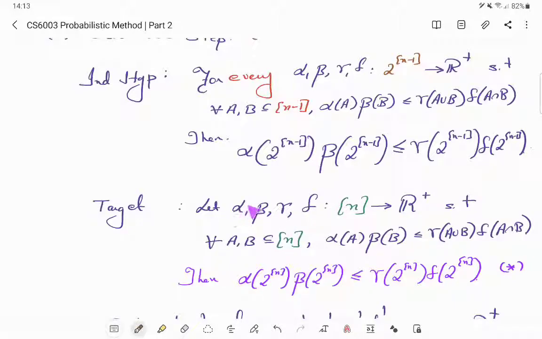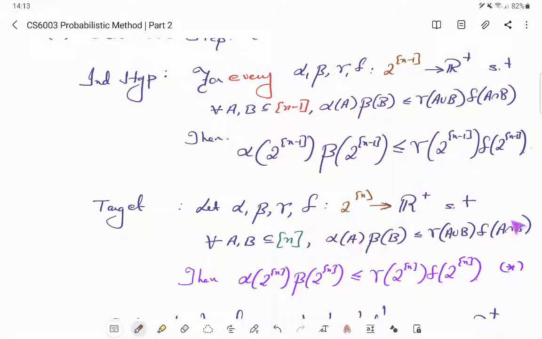Okay, but this is given to you. This alpha, beta, gamma, delta in the target are some given 4 functions from, again, this is a mistake, 2 to the power n to R plus, where they satisfy this condition for every pair of subsets A and B of the set n.